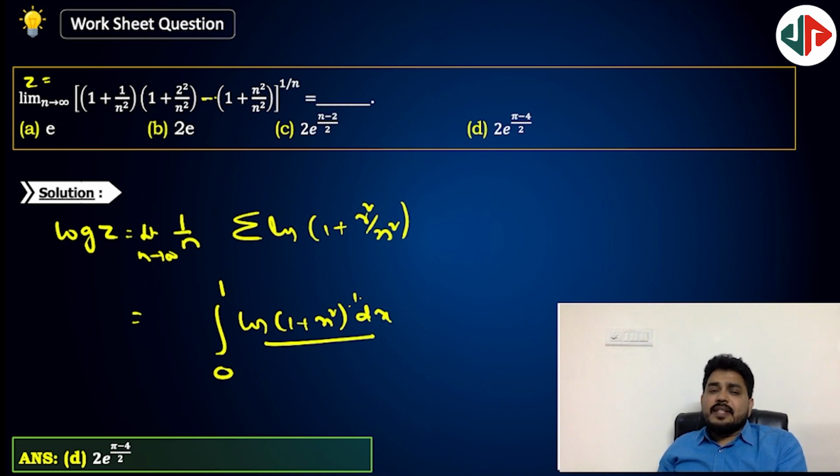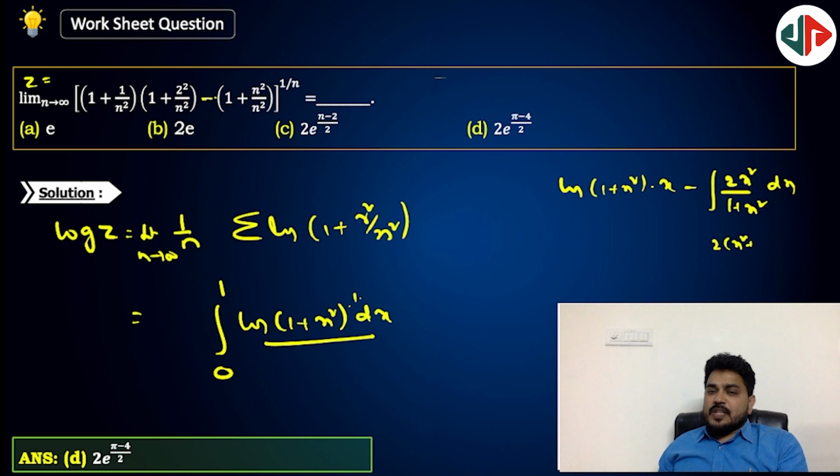By parts is first function into integral of second function minus integral of derivative of first function into integral of second function: 2x into this is 2x square dx. So what you can write here is 2 times of (x square plus 1 minus 1) by (x square plus 1). You solve, and we are going to get the answer.